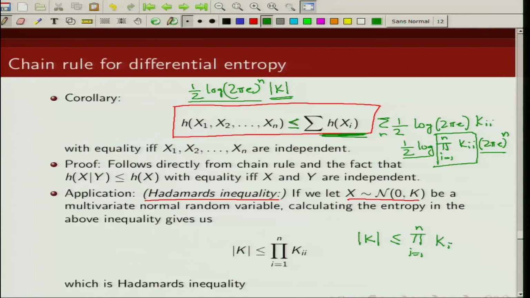Okay. So this follows from two results. One is this one, and second is the differential entropy of this multivariate Gaussian random variable.